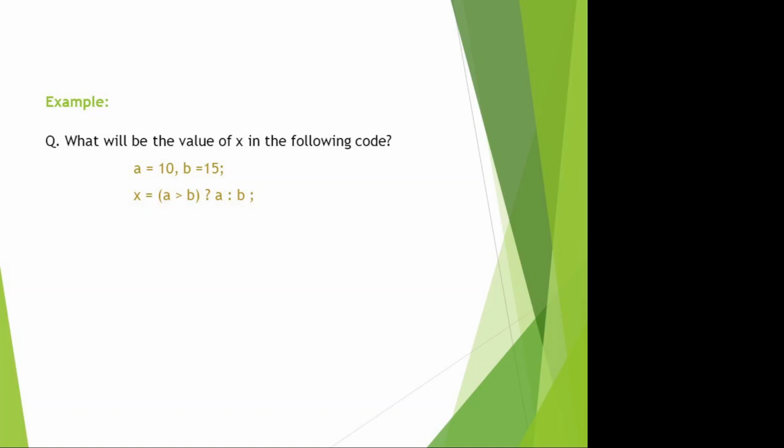Because A equal to 10, 10 greater than 15 is false. So the second expression, that is the value of B, will be assigned to this variable X.